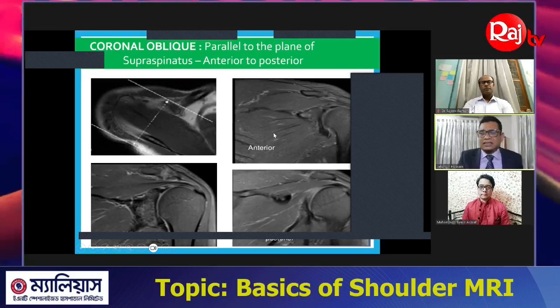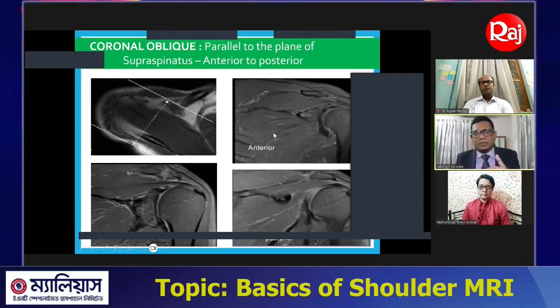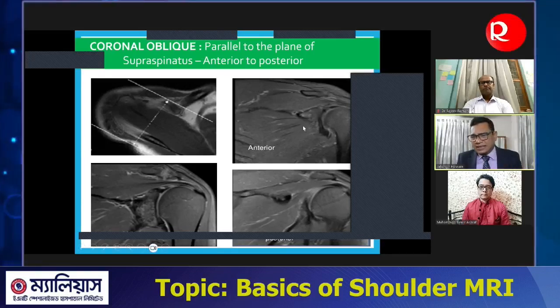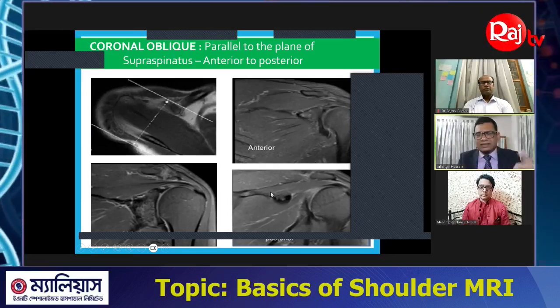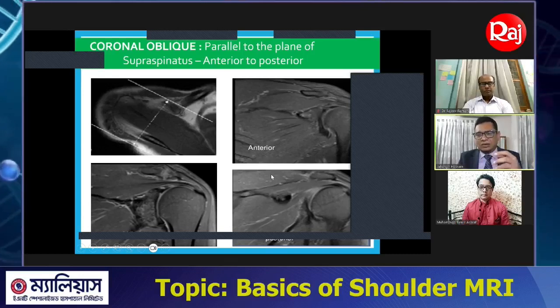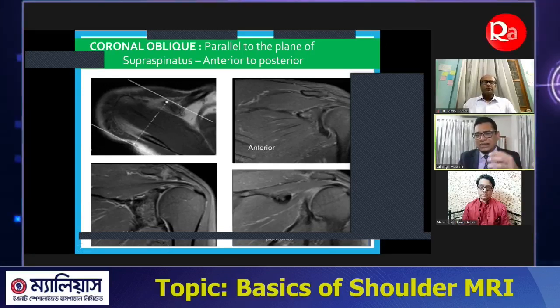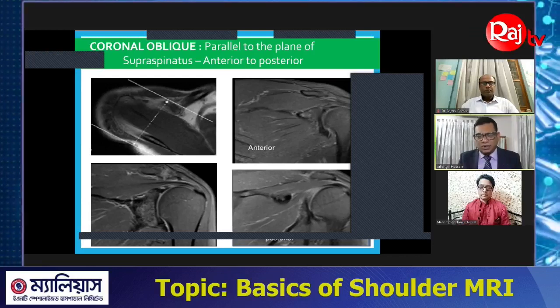There are three important cut sections from the coronal oblique: this anterior cut, the next one the middle cut, and the next one the posterior cut. With these three cuts, we can see all the normal as well as abnormal things within the shoulder joint from the coronal oblique.